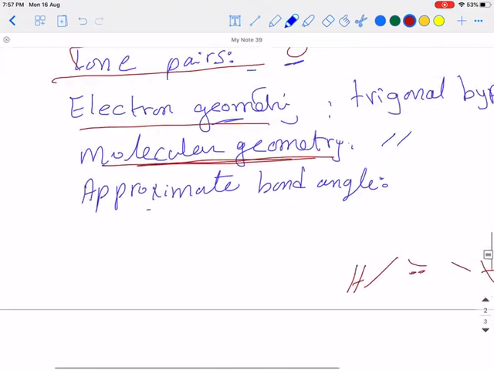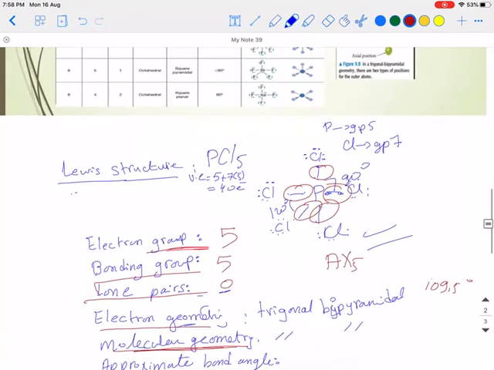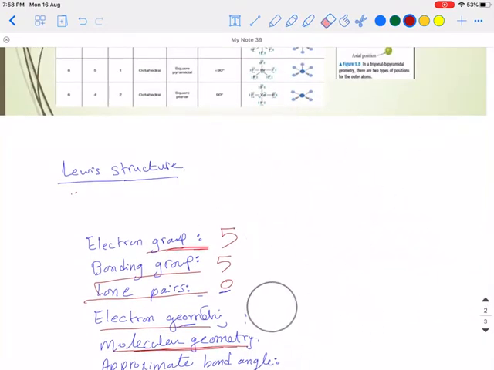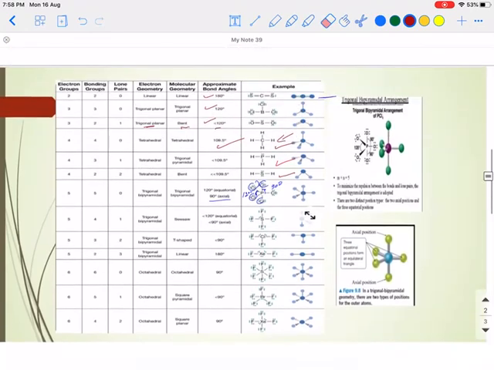So in this example, this is trigonal bipyramidal. Here the angle is 120 degrees and here the angle is 90 degrees. Now let us move and discuss another example and answer all the questions to know the molecular and geometrical shape eventually.